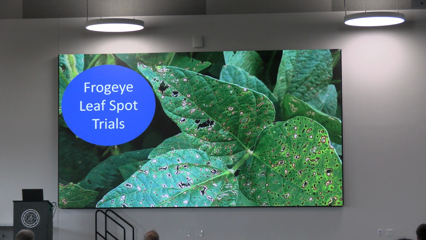And I had a lot of work down at Dixon Springs looking at foliar fungicides and management of frogeye leaf spot. But a couple of years ago, I published a paper with some researchers from North Dakota State University on frogeye leaf spot. So that's how widespread this pathogen seems to be now in the U.S.